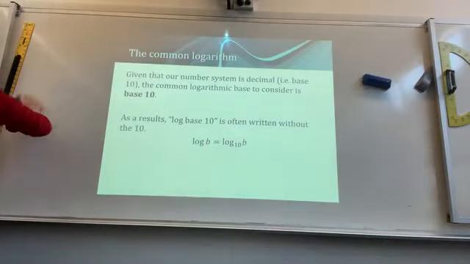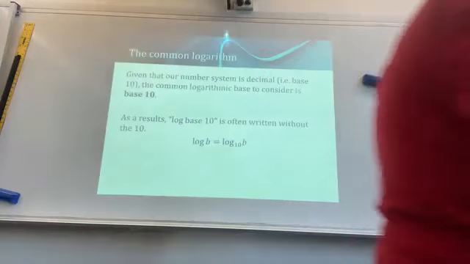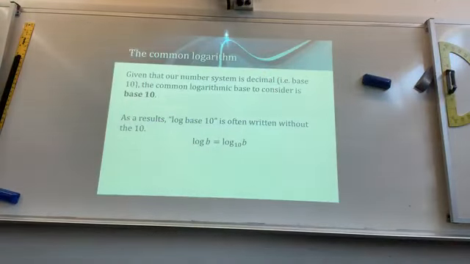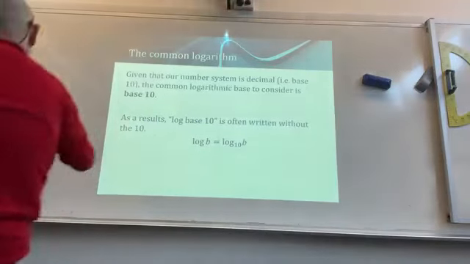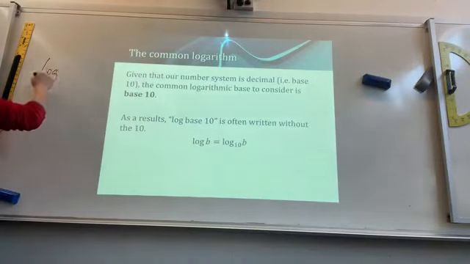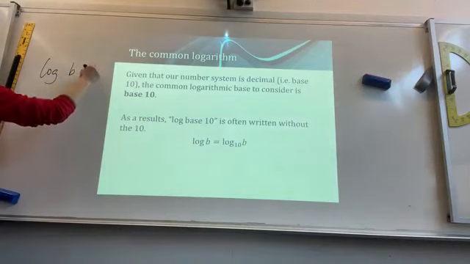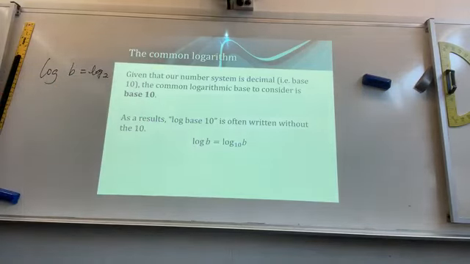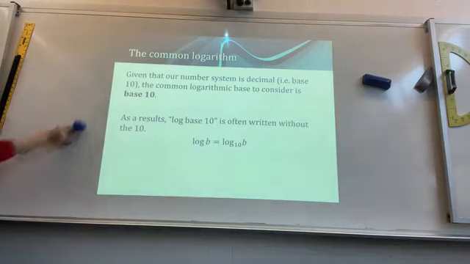There are other conventions that are used. I was talking to Dr. Moore about it, and he was telling me that log in computer science means log base 2, because in computer science it's binary. So you've got to be very careful where you are.